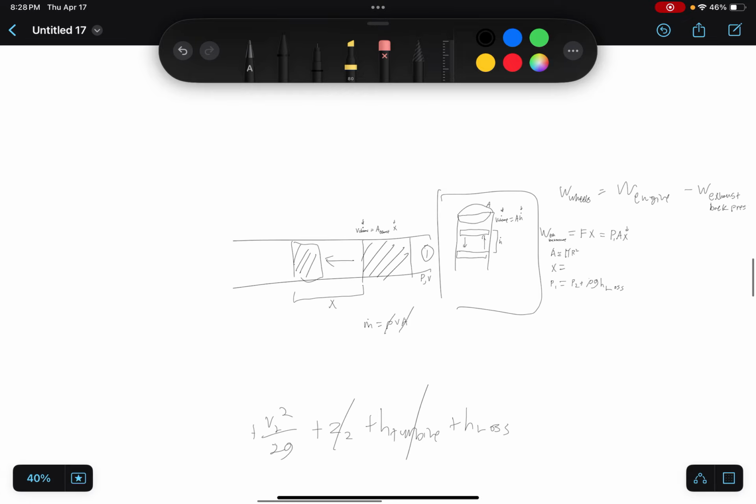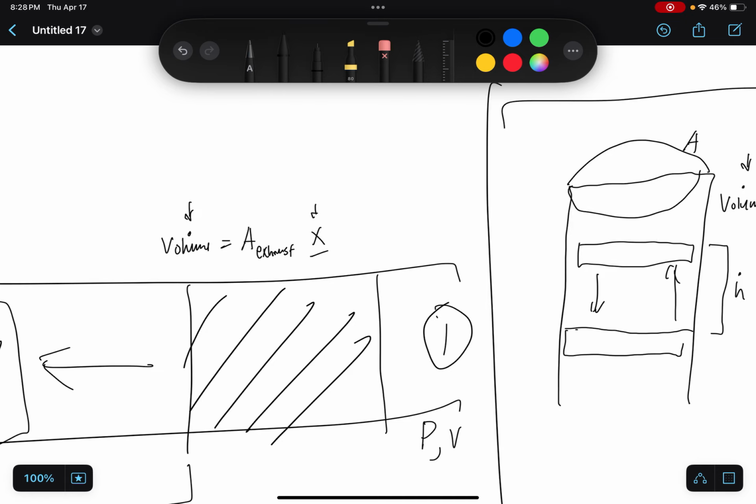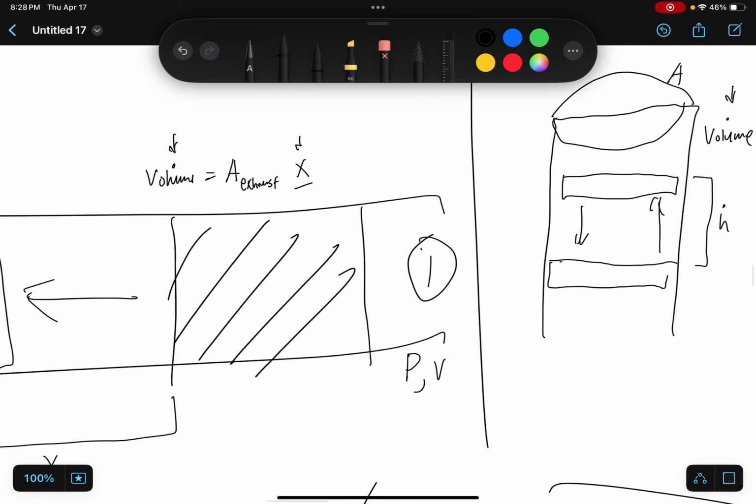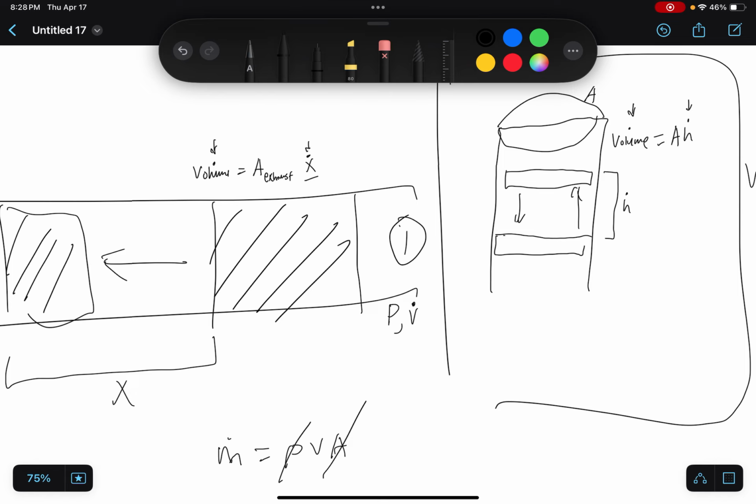You can also prove it. This X, you could think of it as X dot. It literally is the velocity, because the rate of change in X is dx dt, which is meters over second, which is literally velocity.